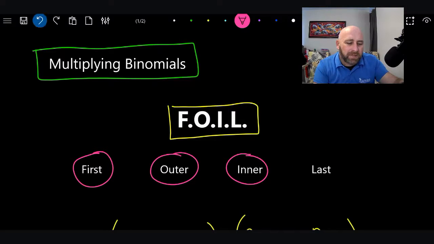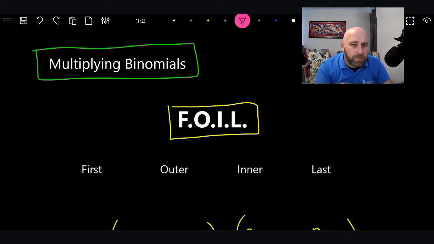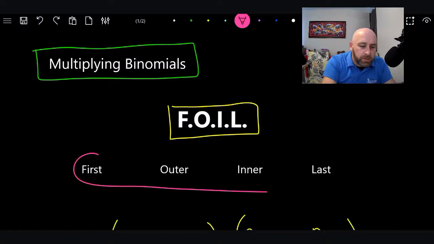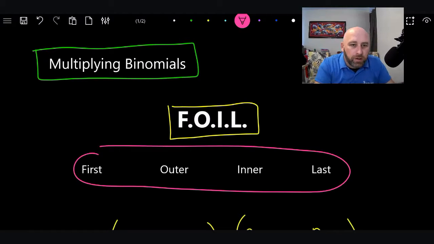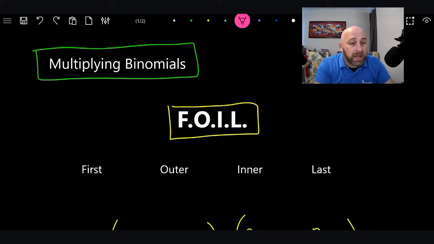Now, if you can remember that word, and if you can remember these words right here, you're going to do well, because you're going to remember what steps to use. These are your steps. And right now you're like, I don't even know what any of that means. It's okay. We're going to do a few of these, and you're going to hopefully pretty quickly learn what those words mean and why we use the word FOIL to tell us what to do here.